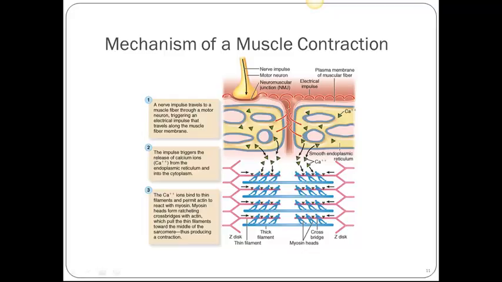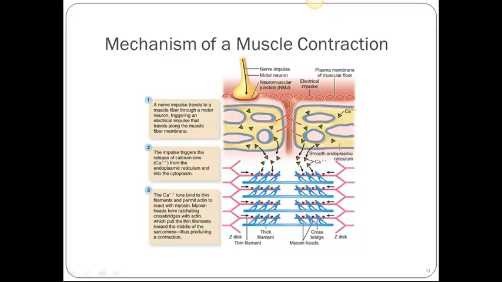Here a muscle impulse travels to a muscle fiber through a motor neuron, up here, and as you can see the little arrows are showing the impulse traveling along the muscle fiber membrane. The impulse triggers the release of calcium ions from the endoplasmic reticulum and into the cytoplasm. That's what you can see here. These are little calcium deposits being released into the cytoplasm.